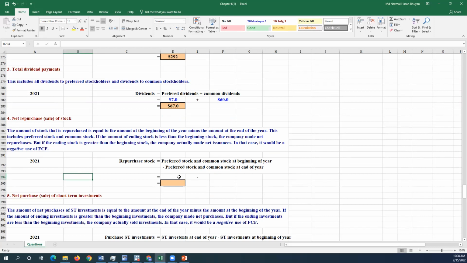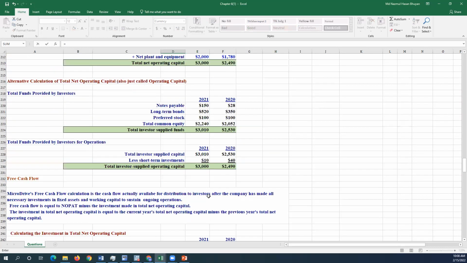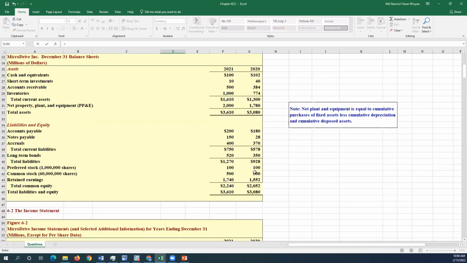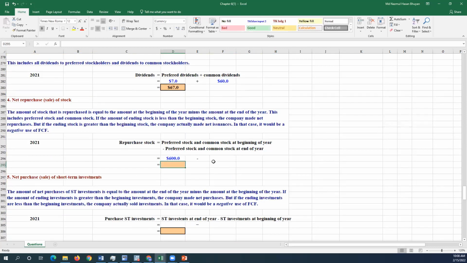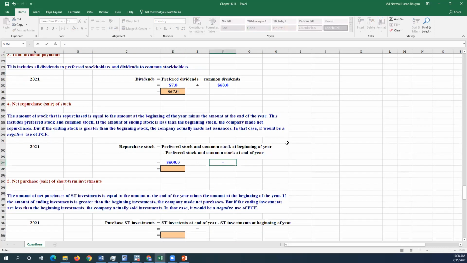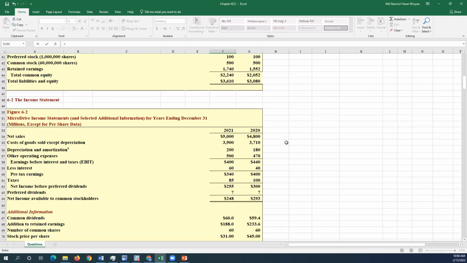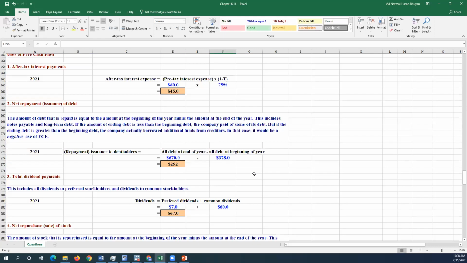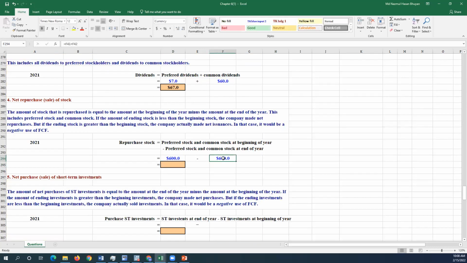Now, let us see preferred stock and common stock at the beginning of the year. That means in the year 2020. So preferred stock and common stock in the year 2020 is 100, 500. Again, preferred stock and common stock in the current year, 100 plus 500. So you can see no change in the total value of these accounts.